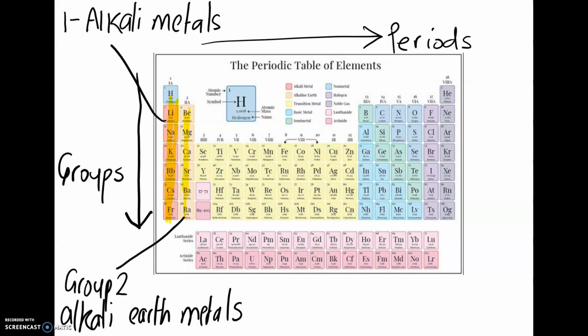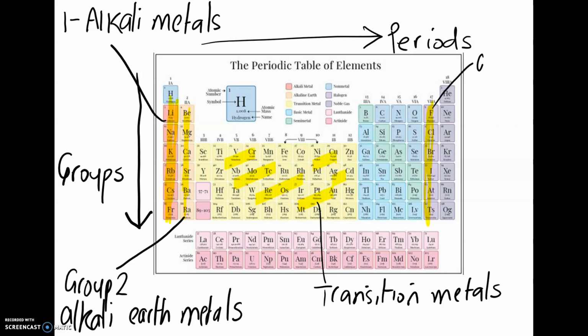Then we have this big chunk in the middle, I'm just highlighting now, and that is called transition metals. Then the other one over here, just highlighted, group 7, called the halogens.